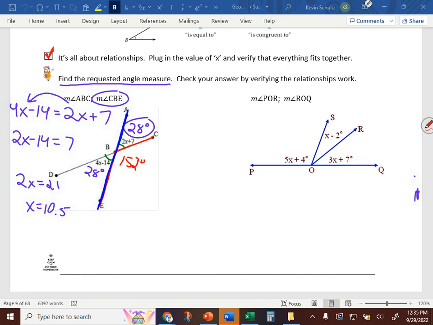No, because there are three angles and not two. However, how do you know they add to be 180? Because it's a straight line. Okay. Yep. So 5x plus 4 plus x minus 2 plus 3x plus 7 equals 180.